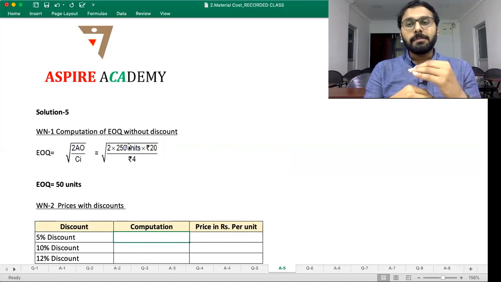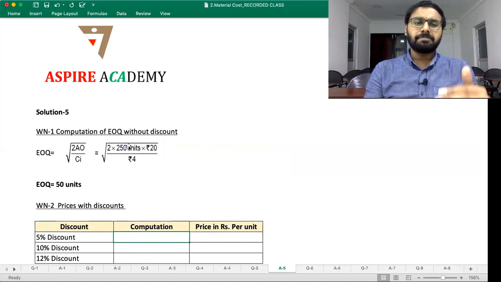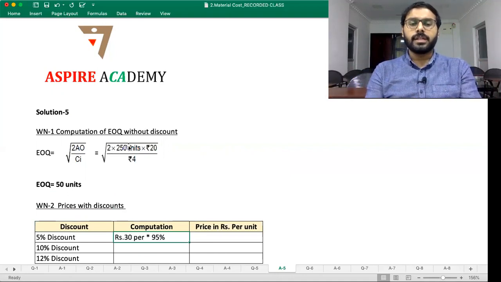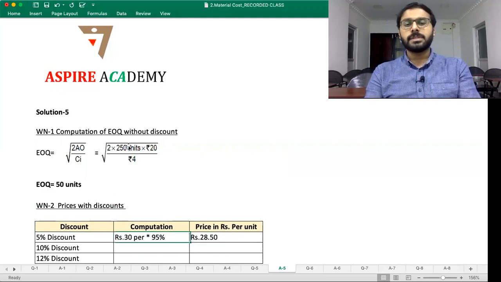So when the discount is 5%, the purchase price is going to be 30 rupees into 95%, because 5% is gone as discount, which works out to 28.5.